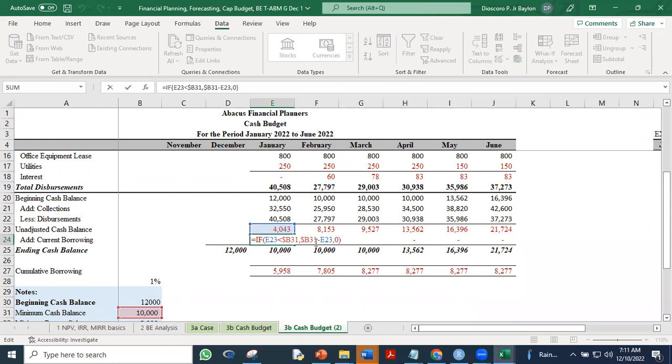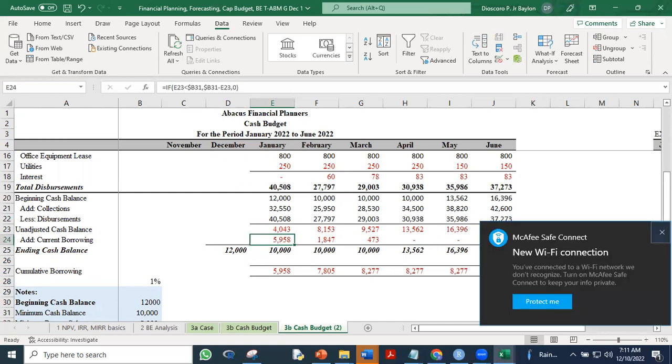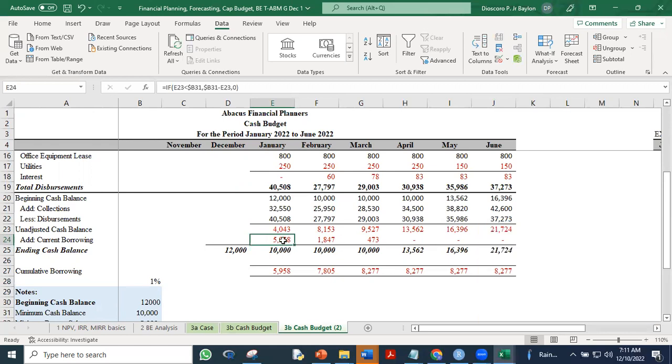Otherwise, if it's greater than 10,000, then we will not be borrowing anything. Since the unadjusted cash balance is only 4,000 plus, we have to borrow. It's 10,000 minus 4043, right? So we're borrowing 5958. But we're told that we have to borrow in the nearest thousands. So here we have to borrow 6,000, right?